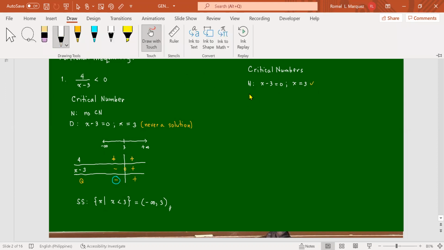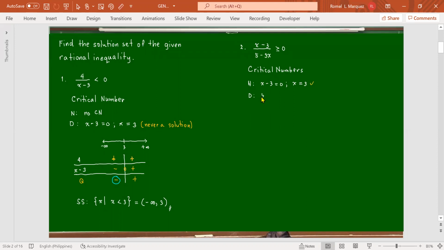What about from the denominator? We have 5 minus 3x. So what is x, guys, when equated to 0? It is positive 5 over 3. Am I correct? Is it a solution to the inequality?